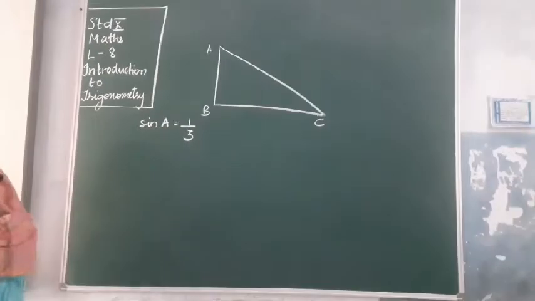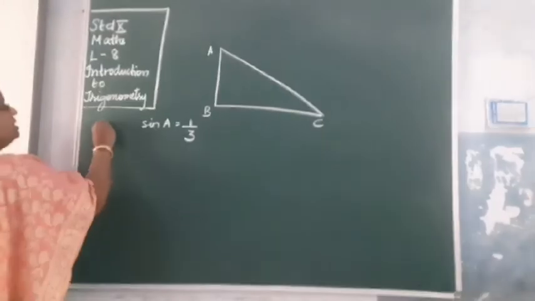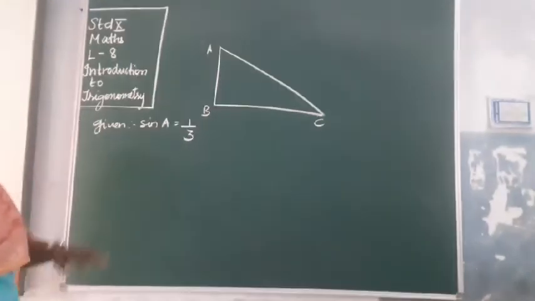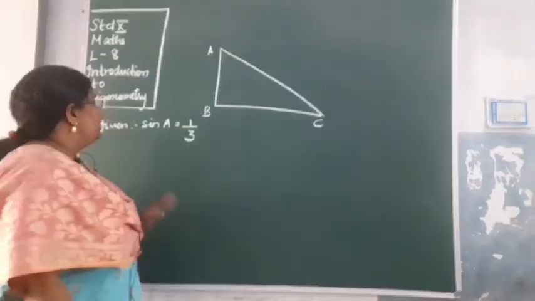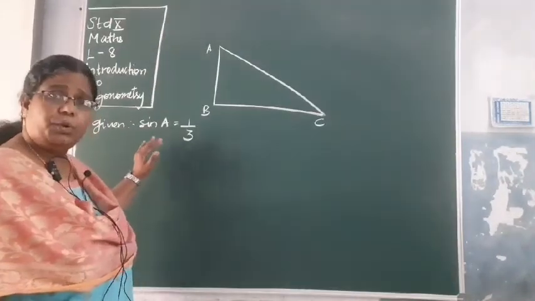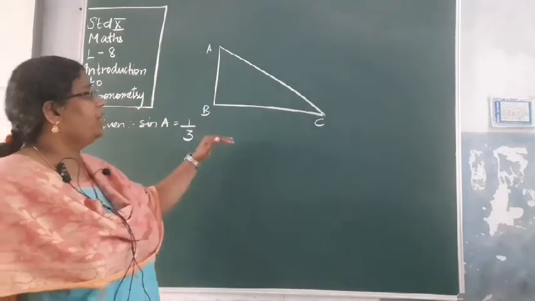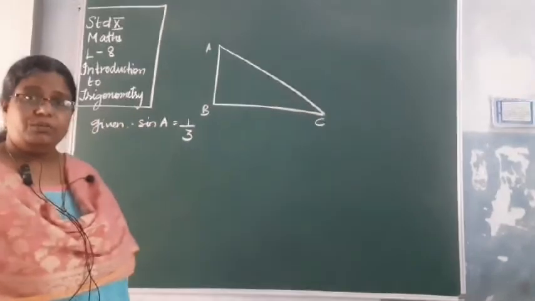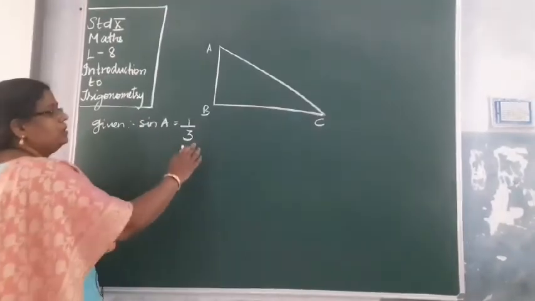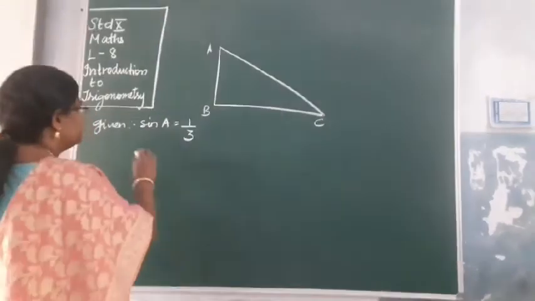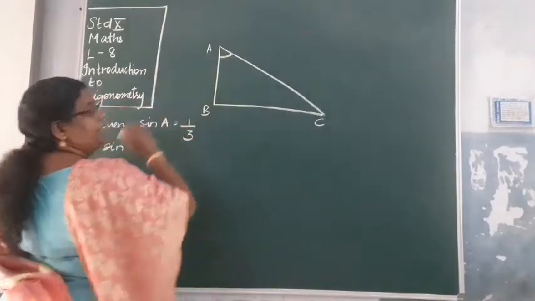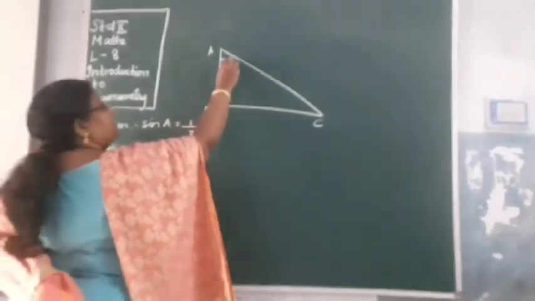Now using this trigonometric ratio, can we find out the other trigonometric ratios? Let us see. Now sin A is equal to 1 by 3. It means that this is your sin A. Angle A will be this one.